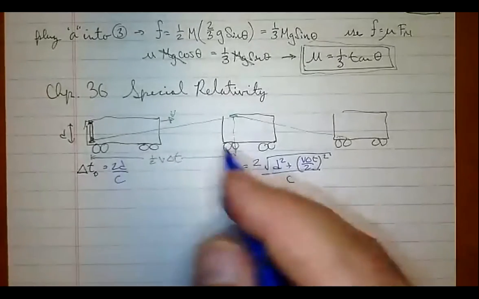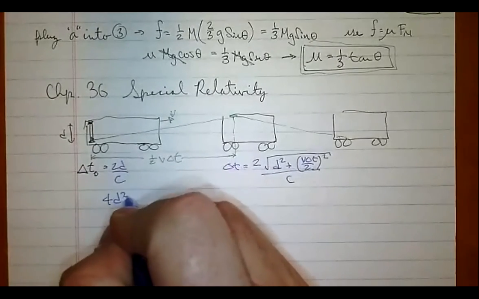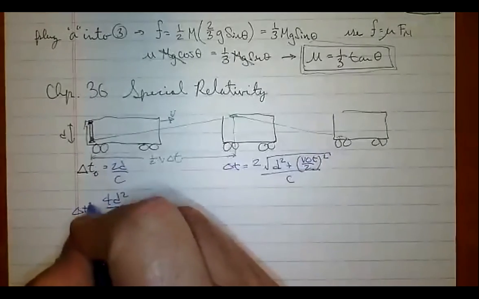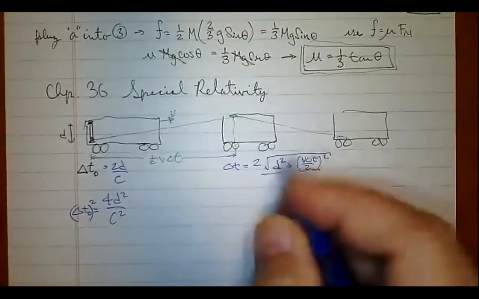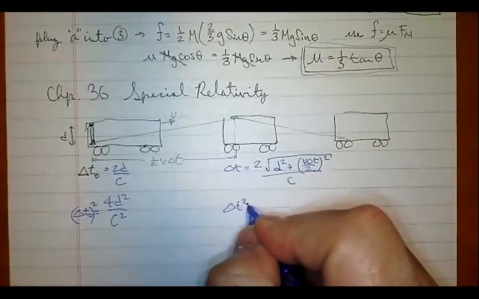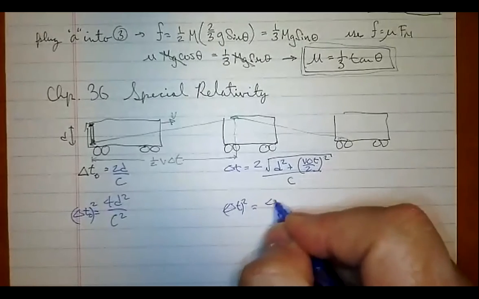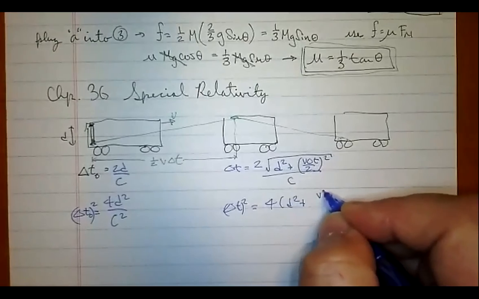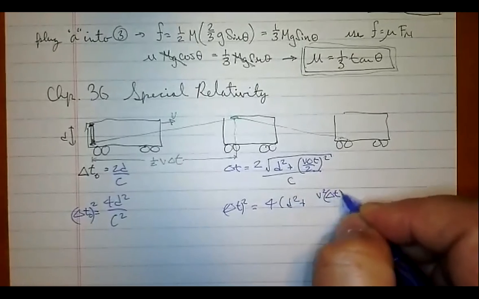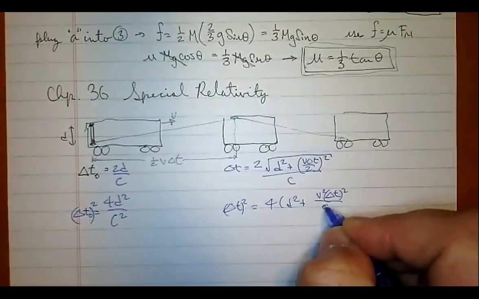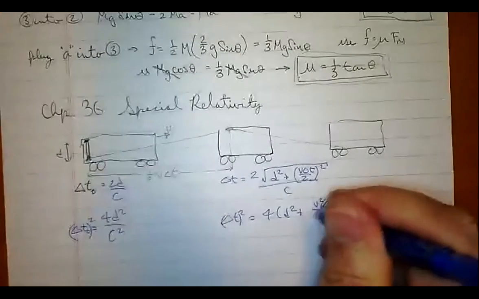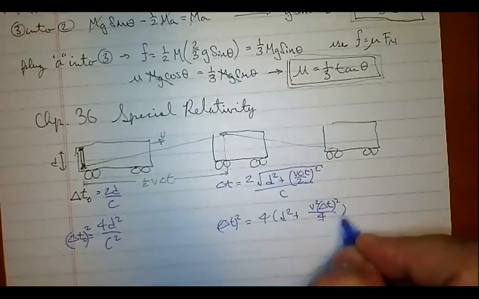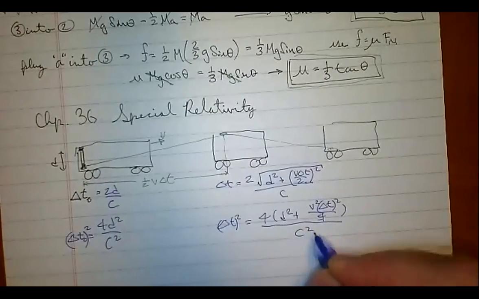Now I'm going to square both of these, and I get 4d squared over c squared is equal to delta t0 squared. And when I square this one, I get delta t squared is equal to 4 times (d squared plus v squared delta t squared over 2 squared), over 4, and all that divided by c squared.